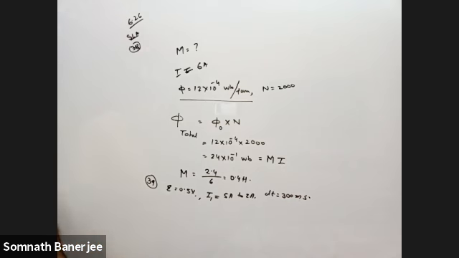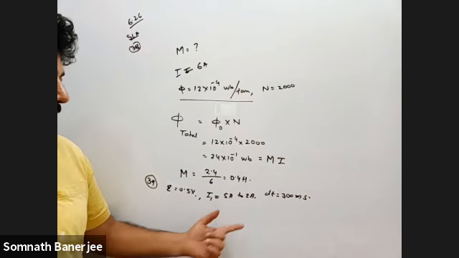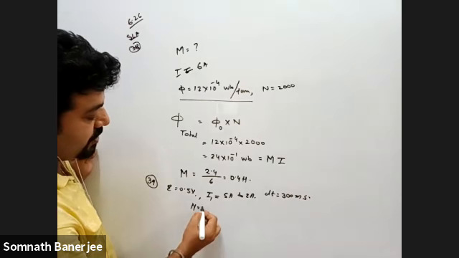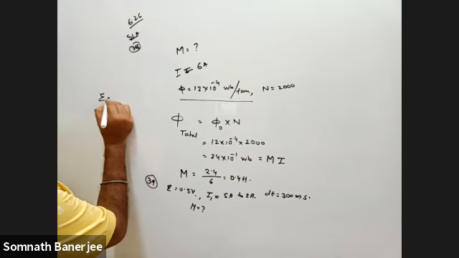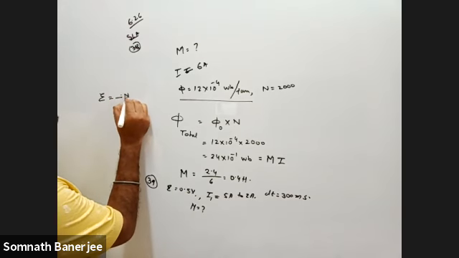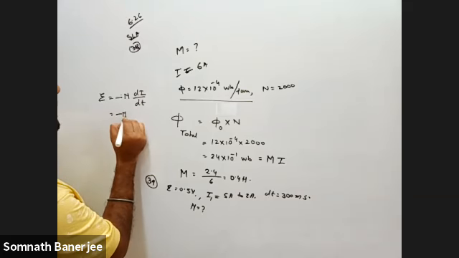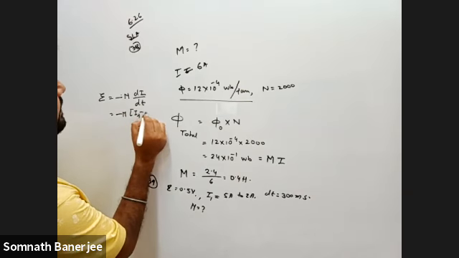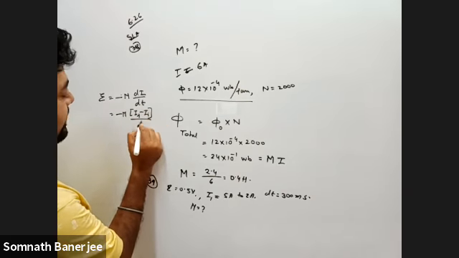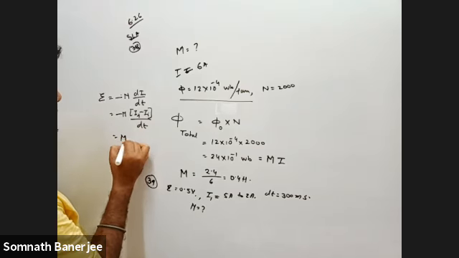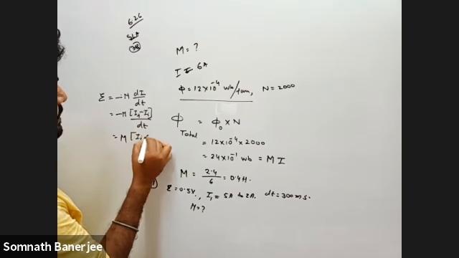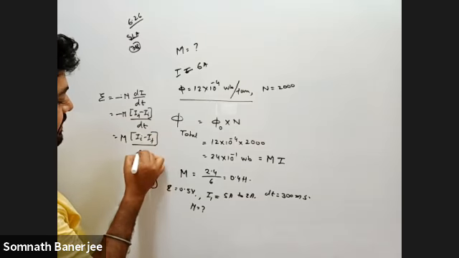Calculate the mutual induction of the two coils. So we all know induced EMF equals minus M di by dt, that means minus M times I final minus I initial by time, which you can write as mutual induction equals EMF times time by I initial minus I final.